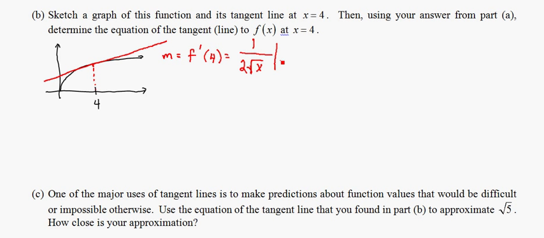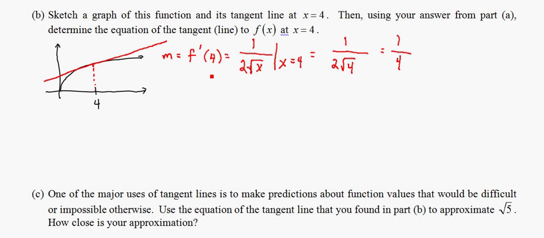This is what's called an evaluation bar. It allows me to just say, hey, I've got a formula, and now I'm going to use it at a particular value of x. So we've got that, and of course the square root of 4 is 2. So the slope of that tangent line is 1/4.